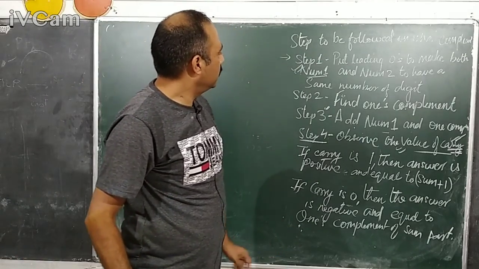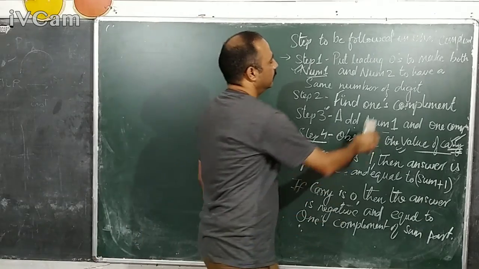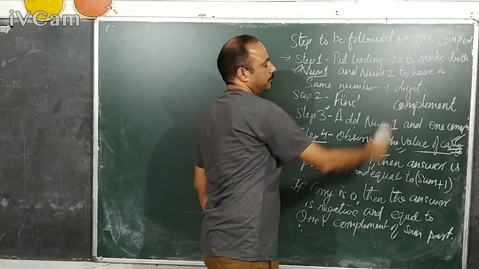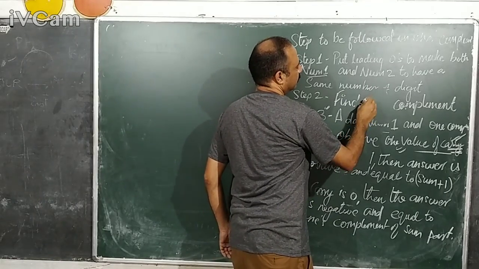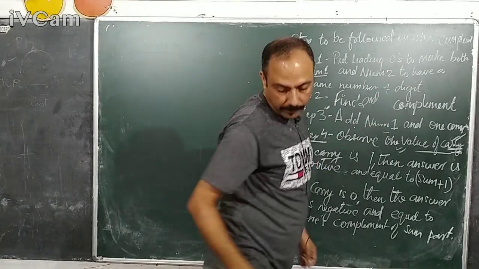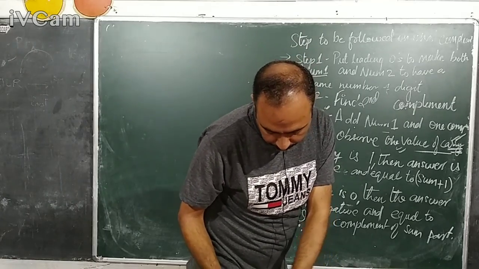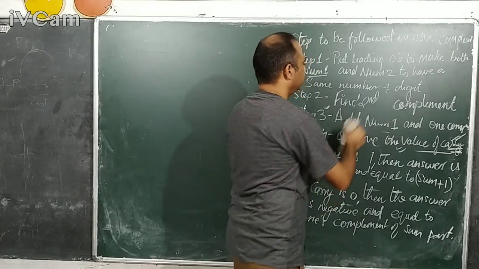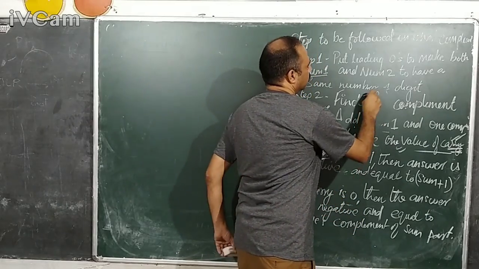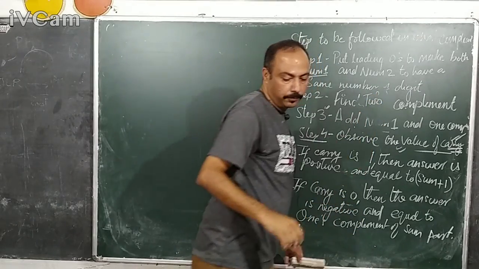So first complement, second, find the second complement. The rule is that you have to find the 2 complement.